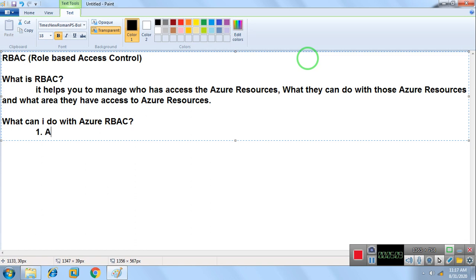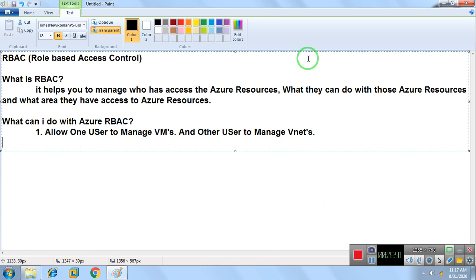So number one is to allow one user to manage Azure VMs, and another user to manage VNets. We have multiple VNets as well. So I have two users: I give user one the right to manage VMs and user two the right to manage VNets. Like this we can do.